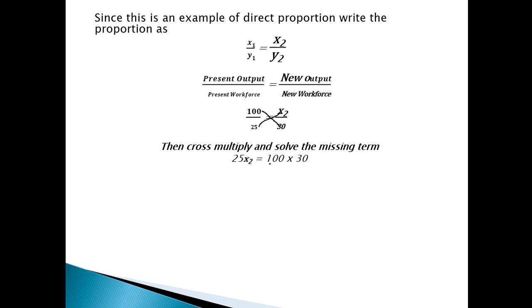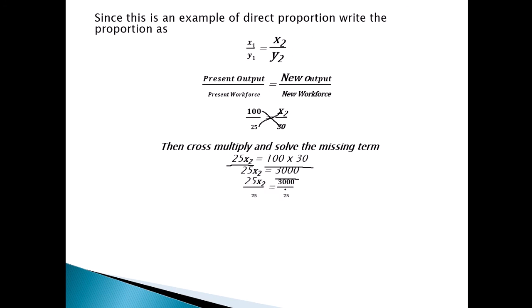So it looks like this: 25 times x sub 2 is equal to 100 times 30. So as you can see there, we are going to multiply these, and then we need to solve for x sub 2. 100 times 30 is equal to 3,000. And after that, we still have the number 25 beside x sub 2. We need to look for the value of x sub 2 alone.